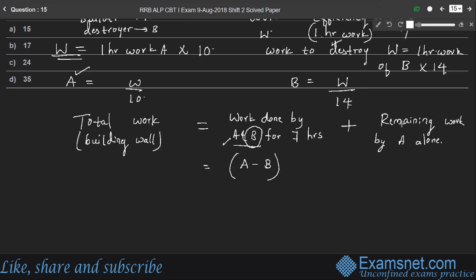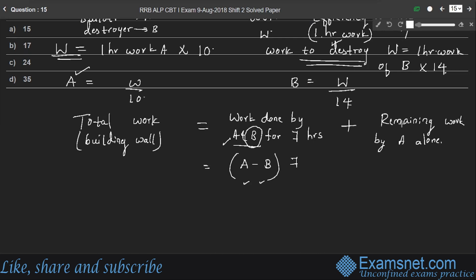If both of them could build the wall, then we would have to take A plus B. So A minus B into 7 hours, because simultaneously A will be building the wall and B will be destroying the wall.